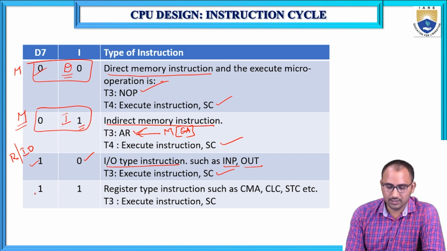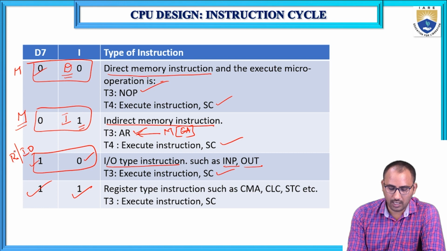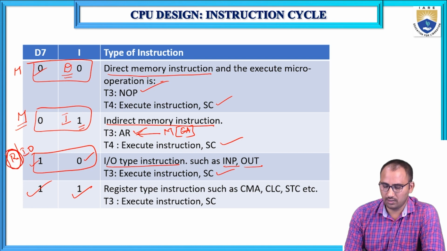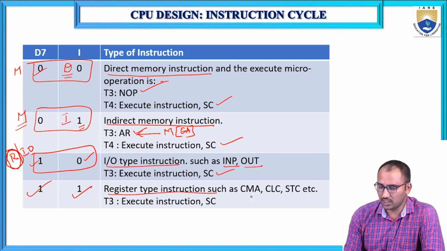Similarly, when D7 is equal to 1, that is a register or IO reference instruction, and I is equal to 1, that means it is a register reference instruction. Register type instructions such as complement accumulator, clear carry, set carry. And during T3, the execution will happen.